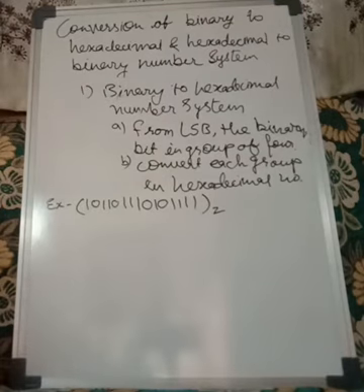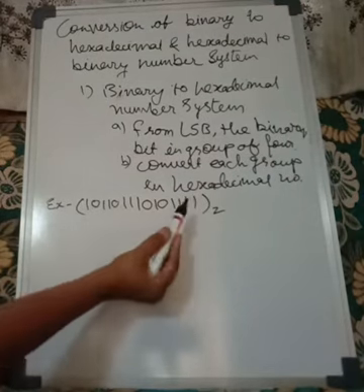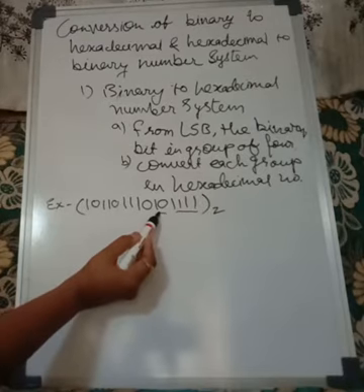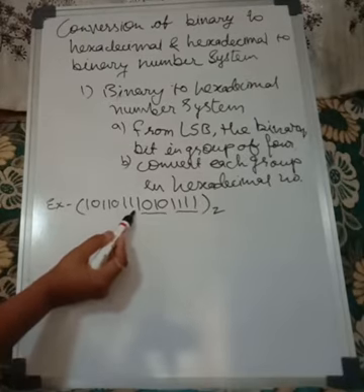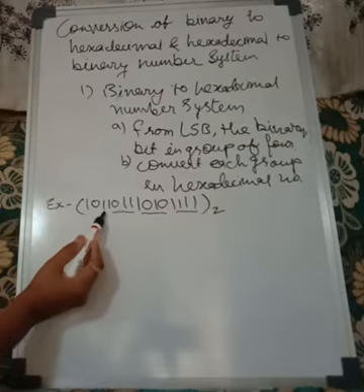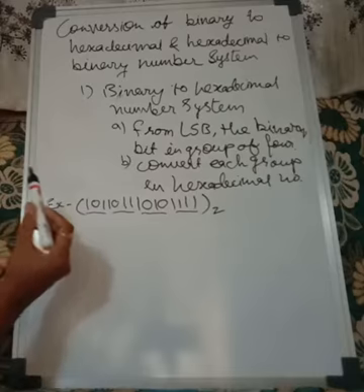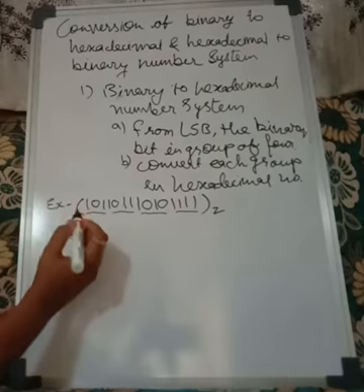So what we'll do, we'll make a group of 4 from LSB. So this is the first group, this is the second group, this is the third group, and in the fourth group we have only 3 numbers. So we'll add 0 in front of this.